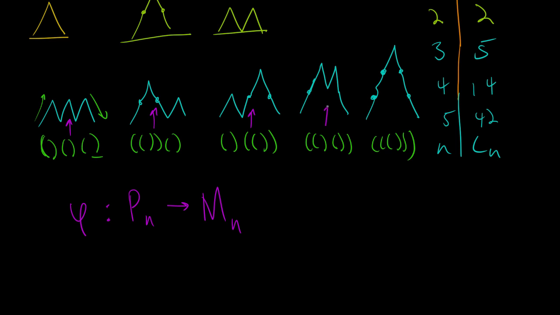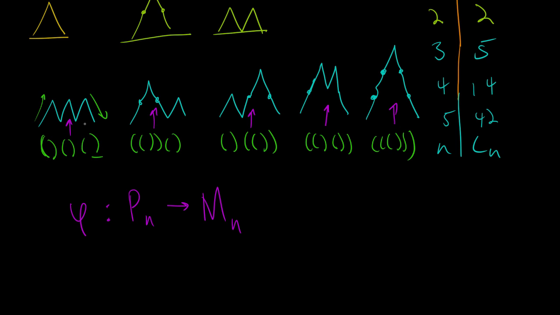All right. You see how everything in the set of 5 open, 5 closed parentheses has an arrow going to the set of 5 up and 5 down mountain ranges. And if we reverse the arrows, there's a function that reverses all of the arrows.